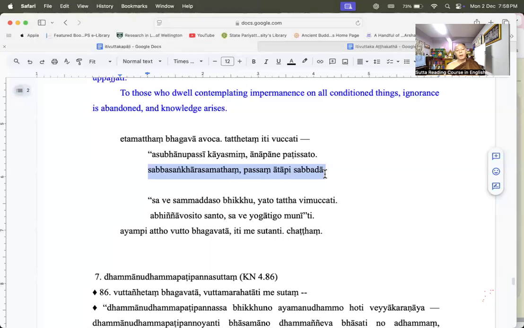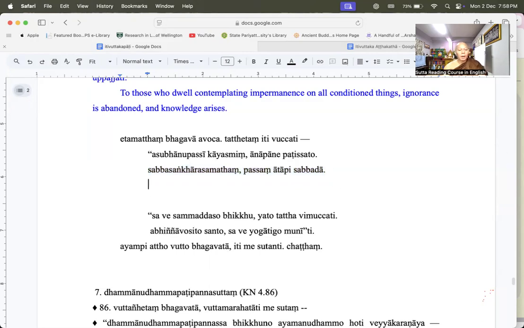So samatha in this context is not concentration but calmness, seeing the stillness also. Here is anupassi, so the whole line can be understood.